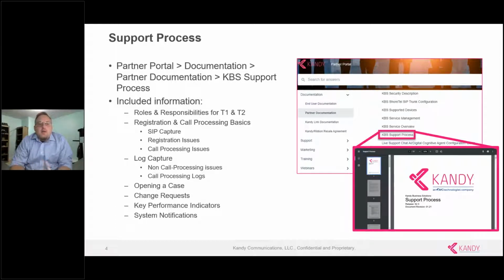We do talk about log capture, opening cases, change requests, all of those kinds of things inside of this document. If you're not familiar with that document, it is a very good resource for you to go through and to consume. Again, that is on the Kandy Partner Portal. In the search box, you can just type in KBS support process.